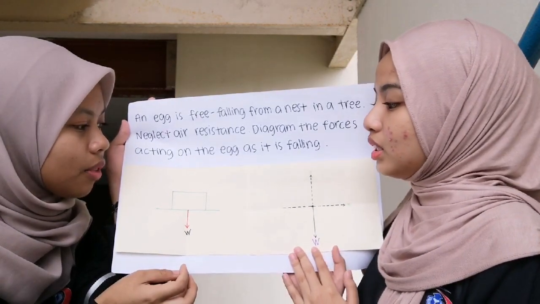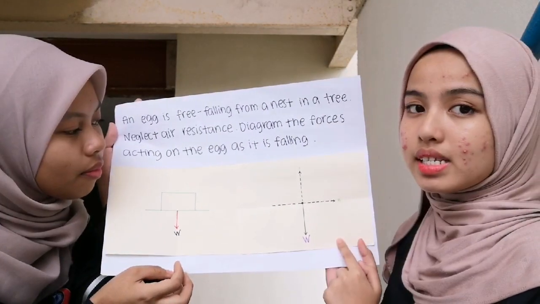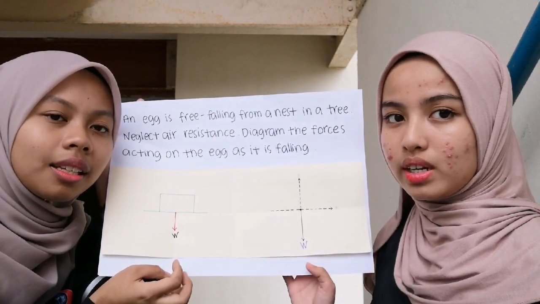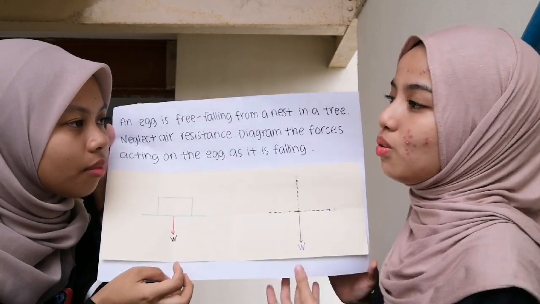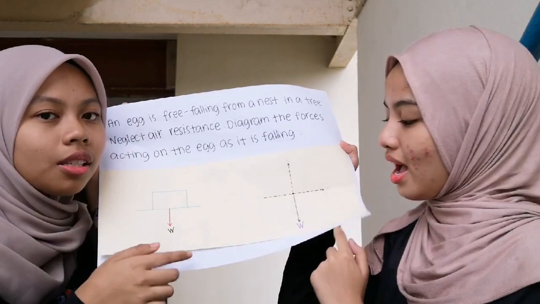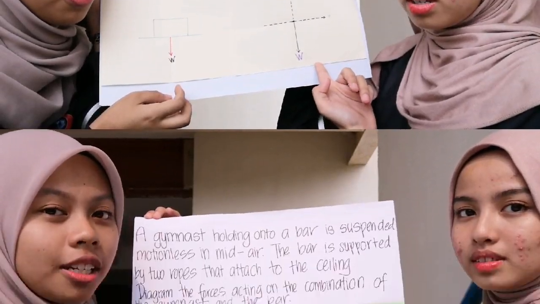So moving on to the free body diagram, it will be like this. It is the simplest one, because there is only one force acting in this situation, which is the weight force.